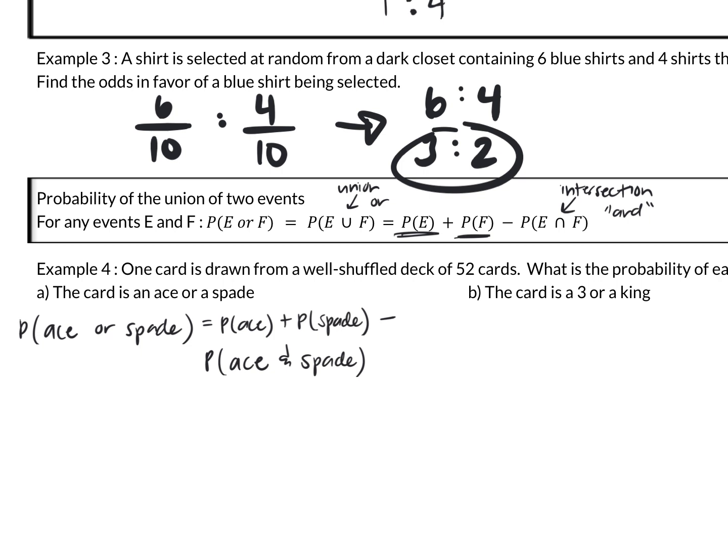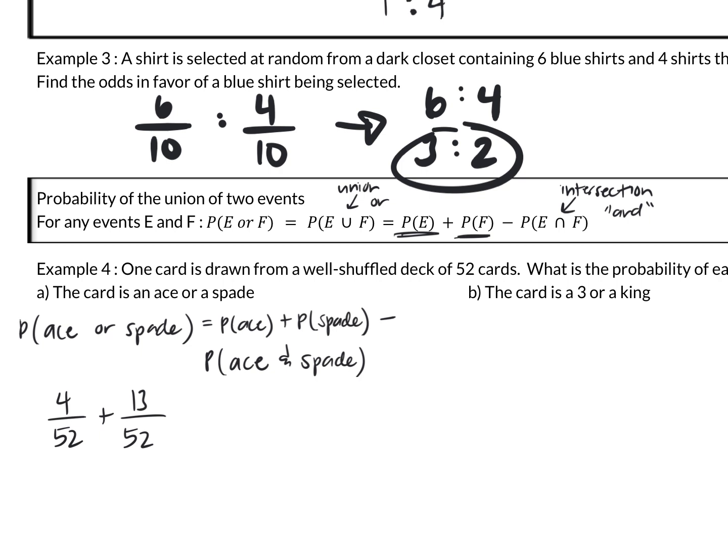So we're finding the probability of an ace, probability of a spade, and subtracting the probability of both of those things together. So I have how many aces in my deck of cards? 4. So I've got 4 out of 52 plus my spade. How many spades are there in a deck of cards? 13 over 52. And then I'm going to subtract the ace of spades, right?